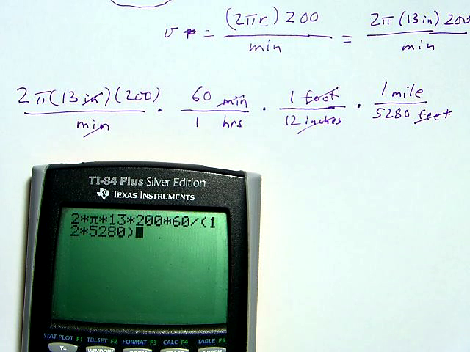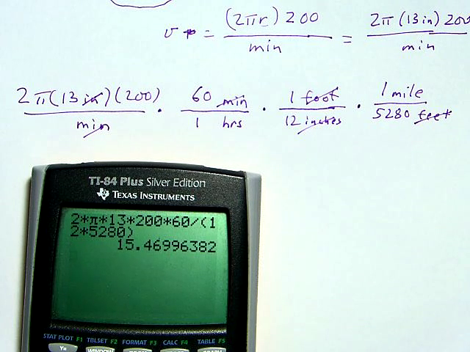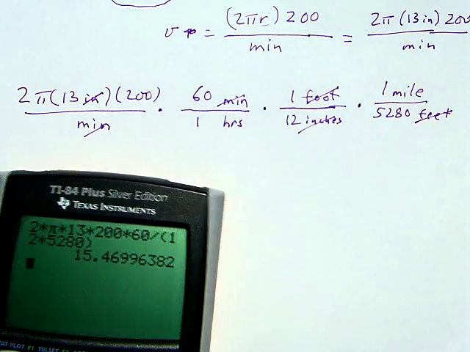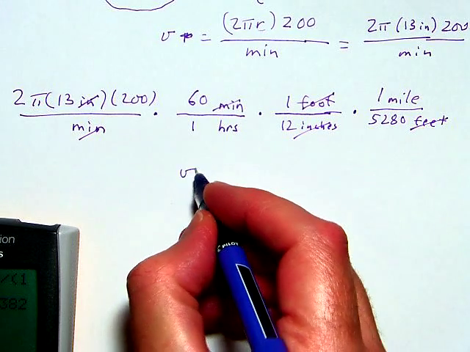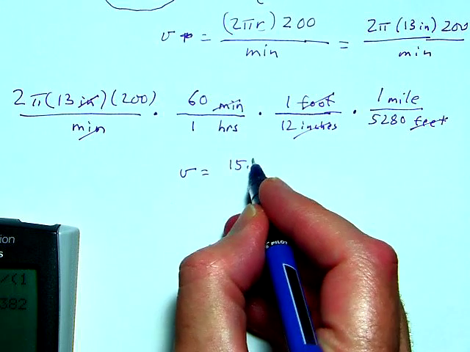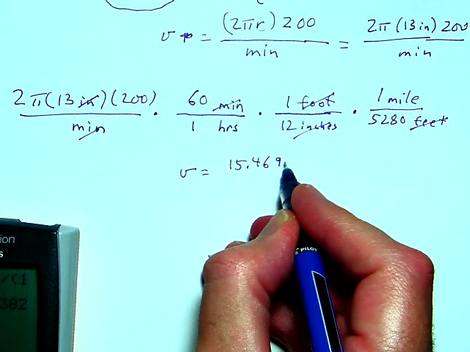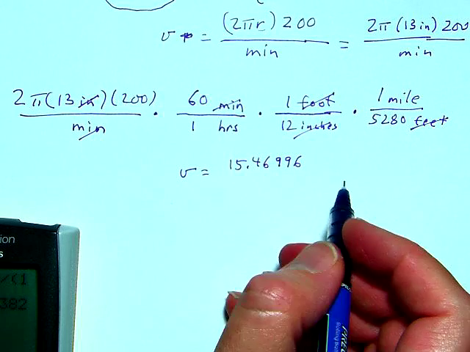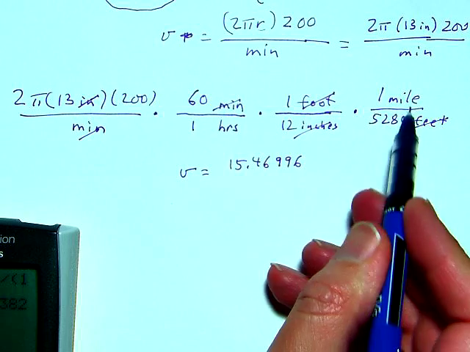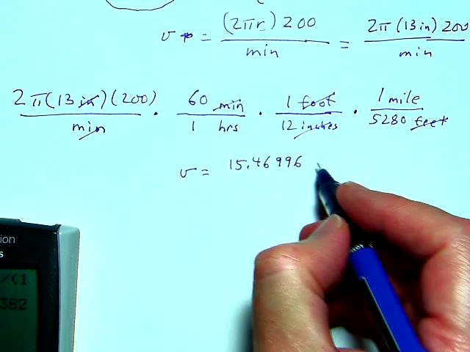And let's see what we get. We get 15.4699, and that basically means our linear velocity is 15.46996. I'm going to take it to a whole bunch of decimal places, and we'll deal with that in a moment. But our units now are miles per hour, because that's what we've got left, and that's pretty good.